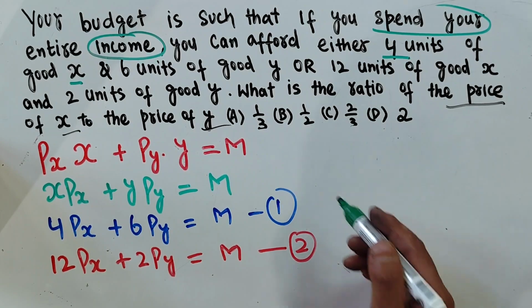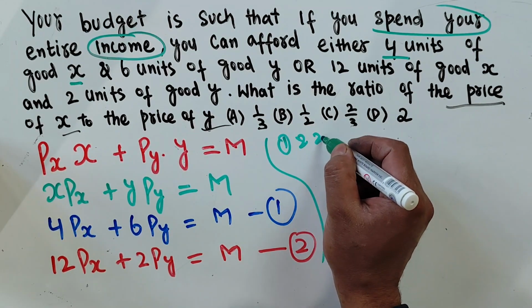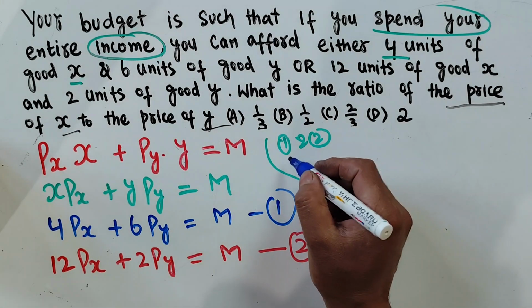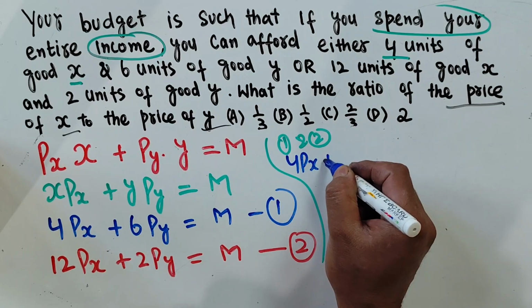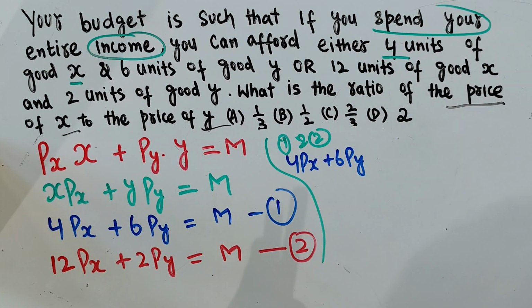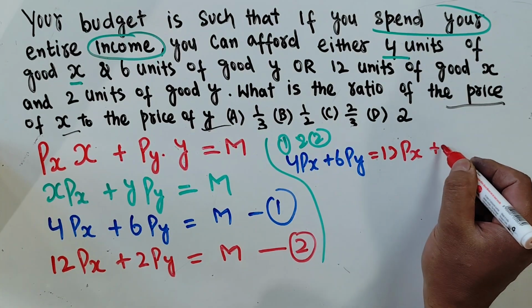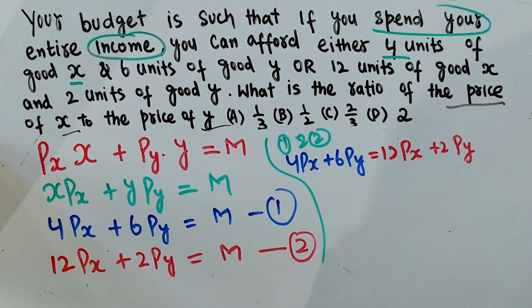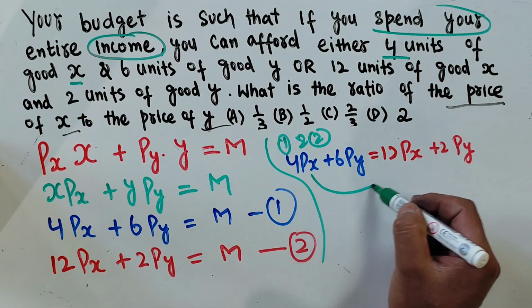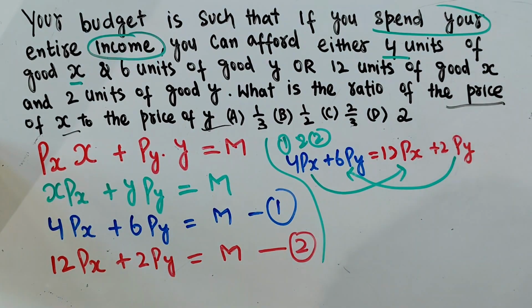So from equation first and second, what we get is 4 times price of X plus 6 times price of Y. We equate the LHS of both the equations, so it should be equal to 12 px plus 2 py. Okay, after that what will we do? Let us transpose this 4 px to RHS and this 2 py to LHS.